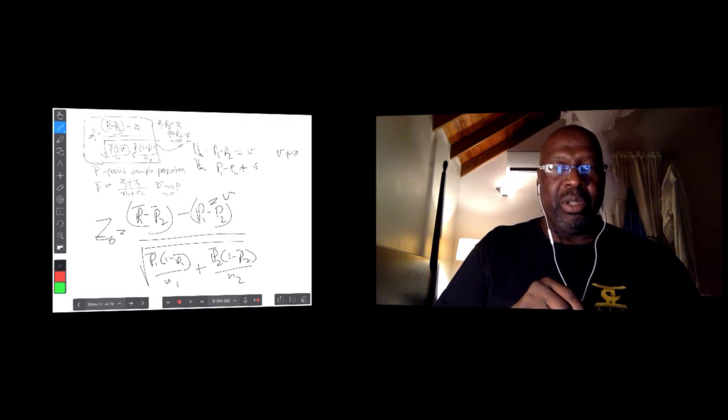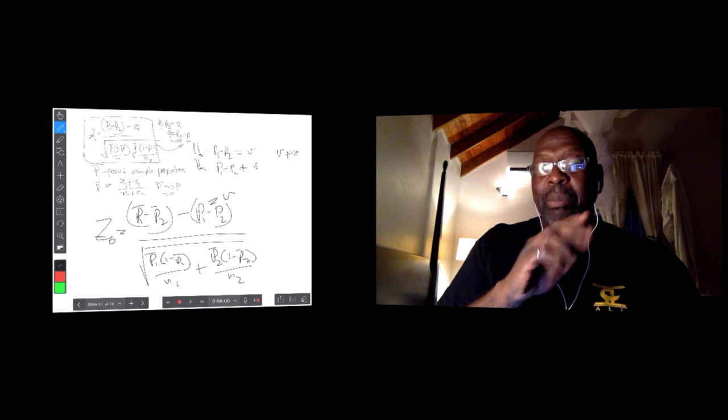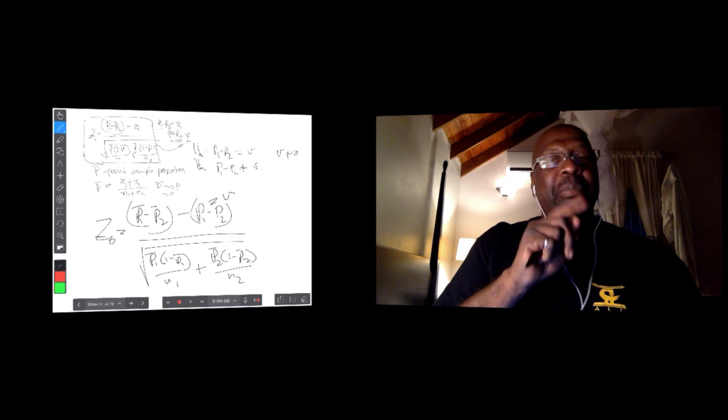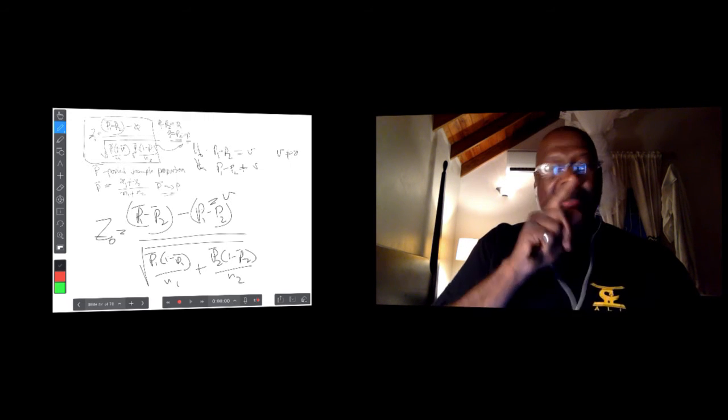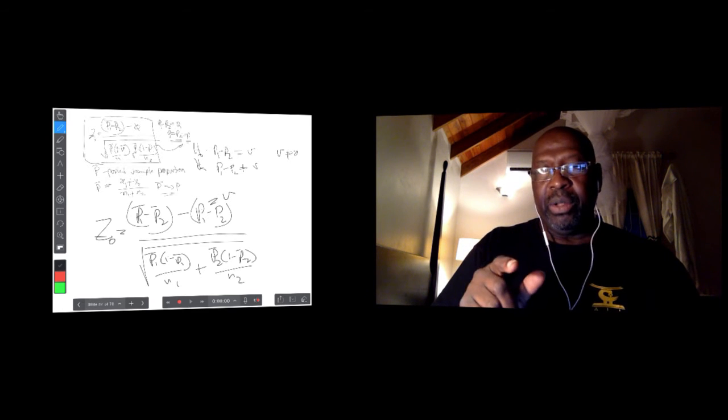That random variable has a sampling distribution as long as the conditions for normality apply to both samples, which is N1 times P bar 1 must be greater than or equal to 5, and N1 times 1 minus P bar 1 must be greater than or equal to 5.